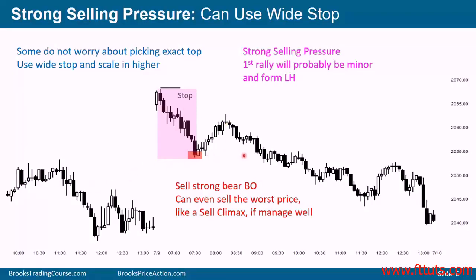And then he can exit part or all at his original price. He gets out break even for his entry down here, and he exits with a profit if he sold higher here. That's for a scalper. A swing trader would hold until there's a clear reason to buy again.